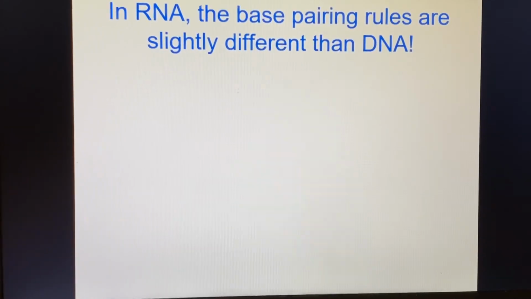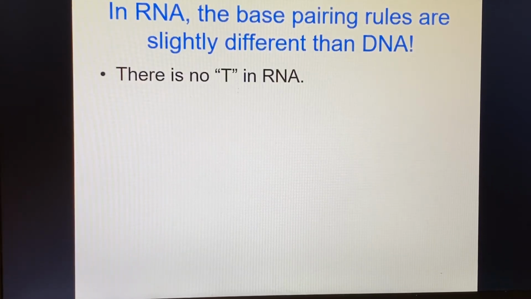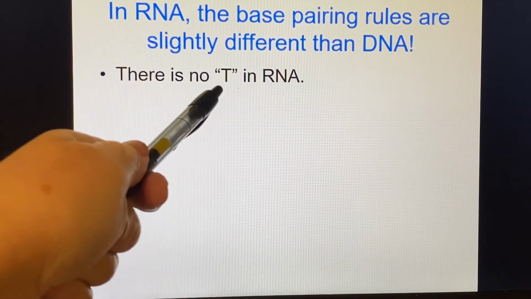RNA is a tiny bit different than DNA. First of all, the sugar component in the backbone is a little different. It's ribose instead of deoxyribose, but also the base pairing rules are slightly different than DNA. Here is the main difference: there is no T in RNA.